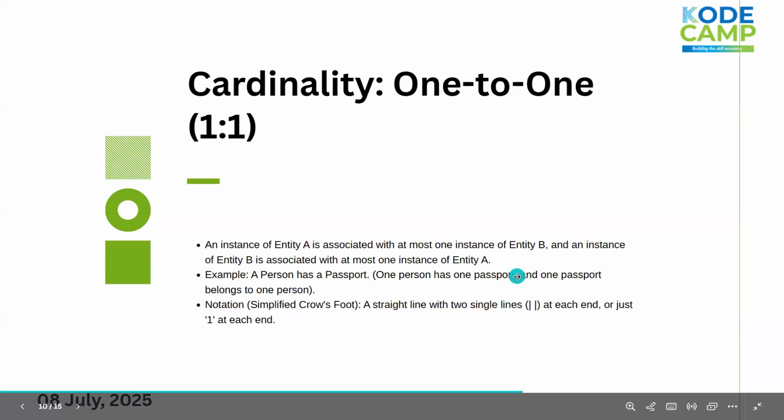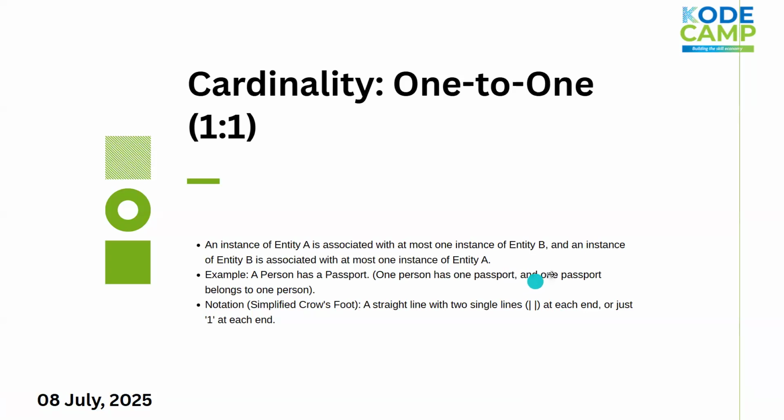Then if you are looking at it from the passport side, one passport belongs to one person. Can it belong to two people? Is it possible? No. Great, it's not possible. So how do we represent this in draw.io? I have two entities called person and passport.